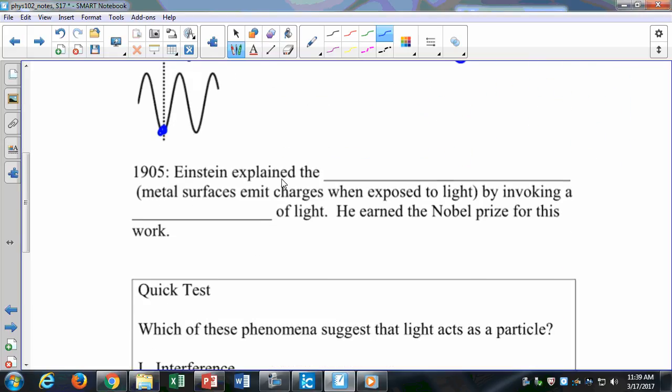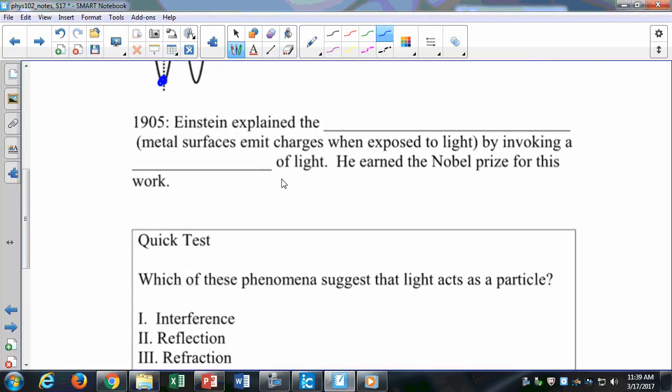And then Einstein explained the photoelectric effect. And this is actually what he won the Nobel Prize for, not his other work. He won it for this, the photoelectric effect. He said that when you shine a light on a metal surface, it ejects electrons.